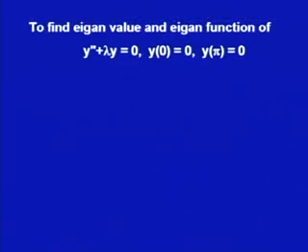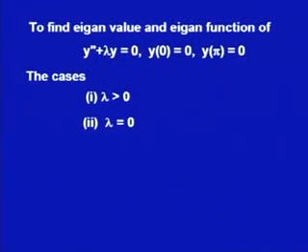To find the eigenvalues and eigenfunctions of this boundary value problem, y double dash plus lambda y is equal to 0, y at 0 is 0 and y at pi is equal to 0: in our examples we saw that different values of lambda give either a solution or no solution, so it depends on the value of lambda.